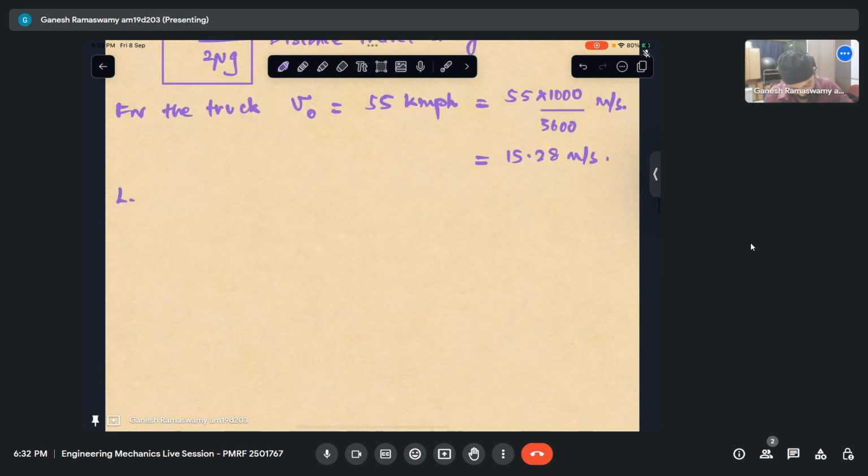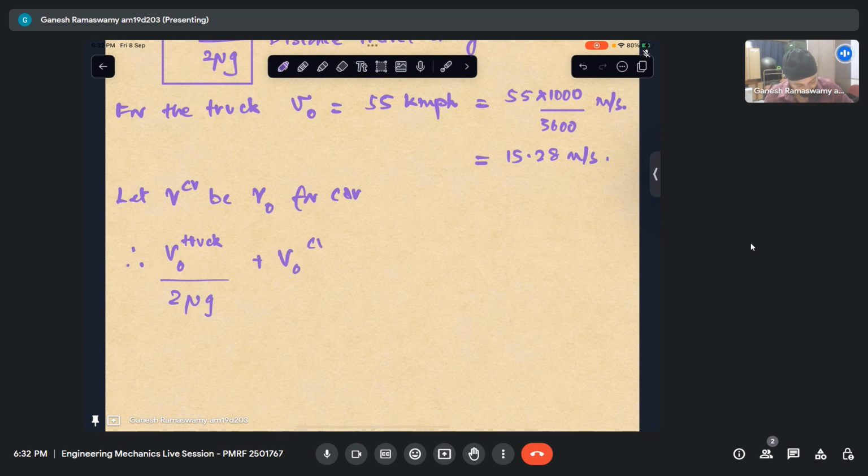Let v naught car be v naught for the car. So therefore, v naught truck squared by 2 mu g plus v naught car squared by 2 mu g is equal to 230 meters. So this is what we get.